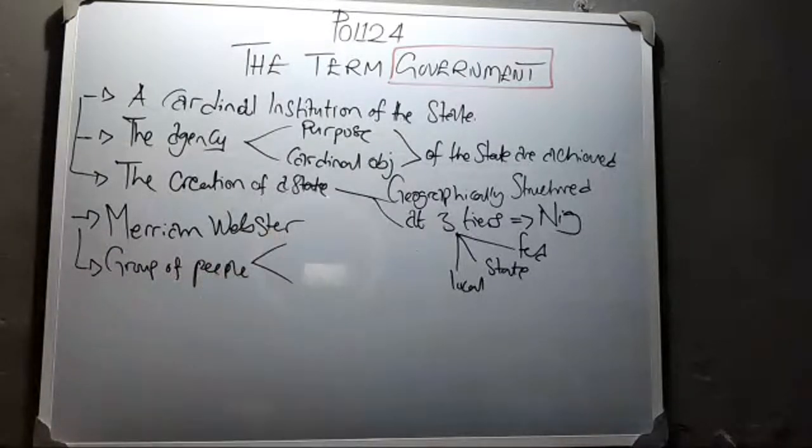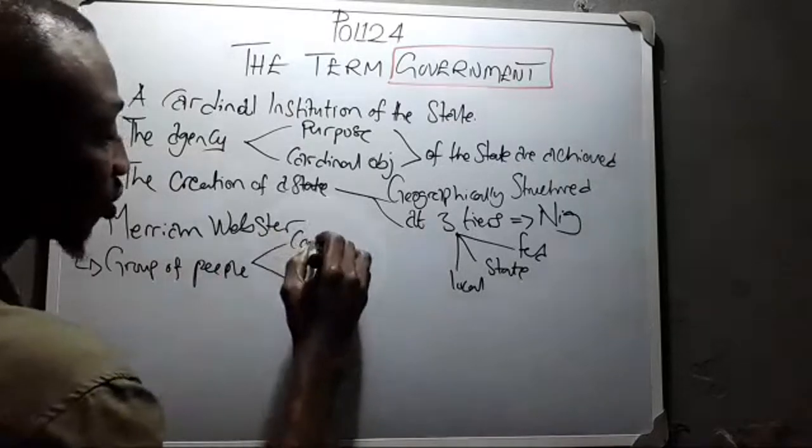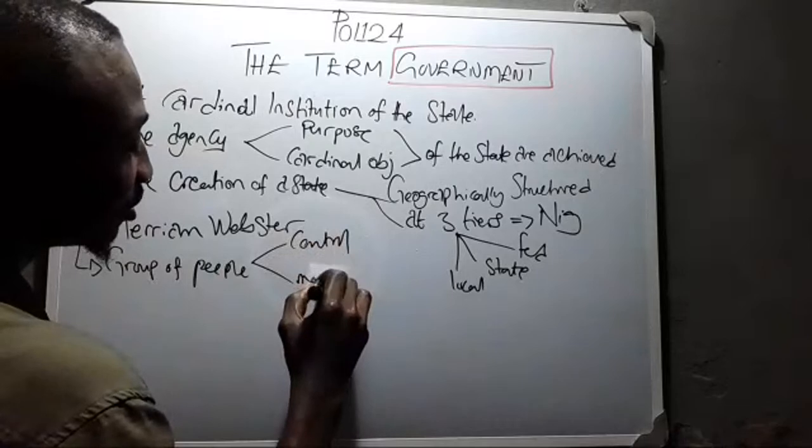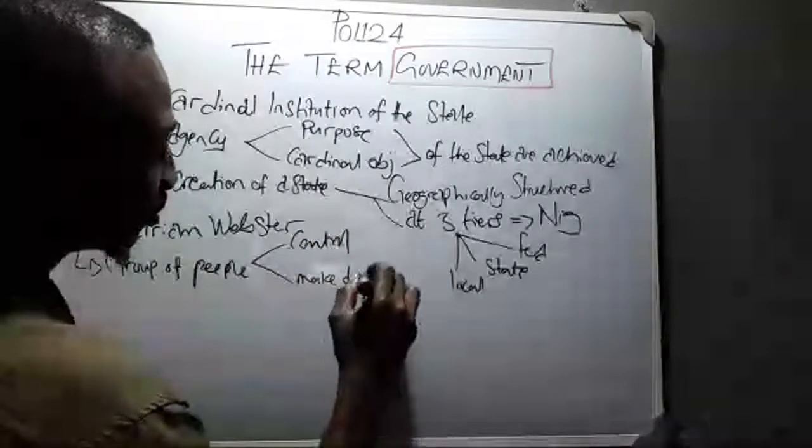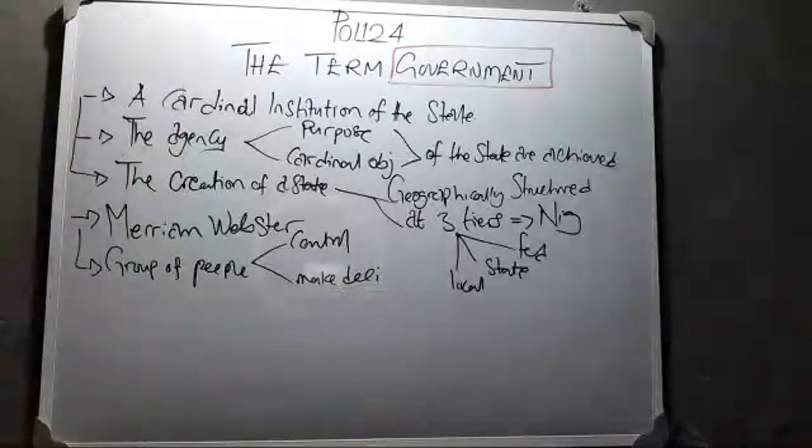What do they do? They control and make decisions for a country or state, according to the Merriam-Webster dictionary.